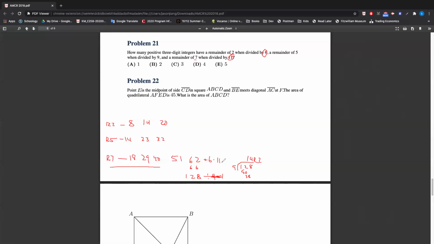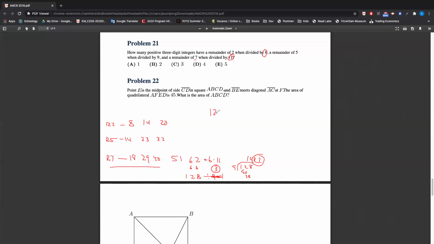We can see that 66 has a remainder of 3 when you divide by 9. So that means that adding 66 one more time should get us what we want, because right now we're at remainder 2 divided by 9, and if we add a remainder of 3, that should get us the 5 we need.